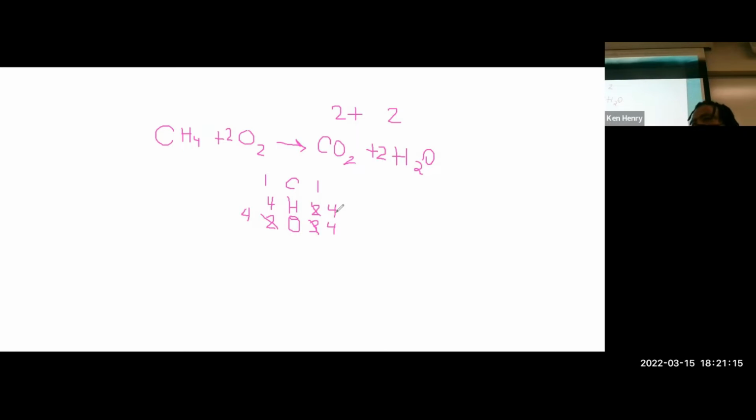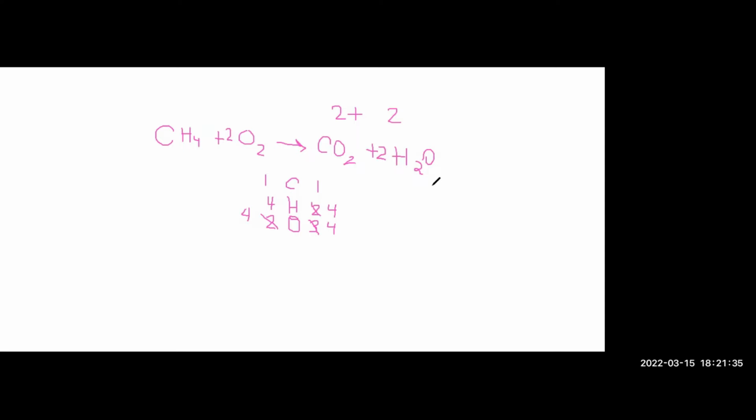You have to remember the coefficient is for the whole molecule. It's not just for the one next to it. The number in front is for the whole thing, so it's for both of those elements because they're acting together as a unit. And the coefficients are whole numbers, and that's the law of proportionality.